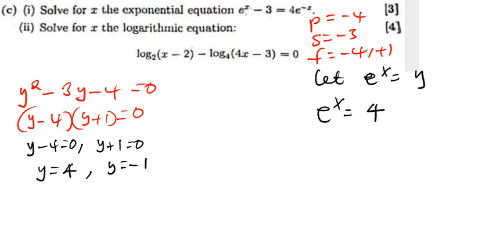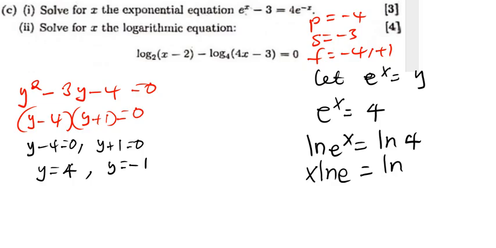When you have e and you can't make the base the same, you introduce ln. You introduce natural log both sides, natural log of 4. The property of log allows us to shift the power to the front. So x natural log of e is equal to natural log of 4.